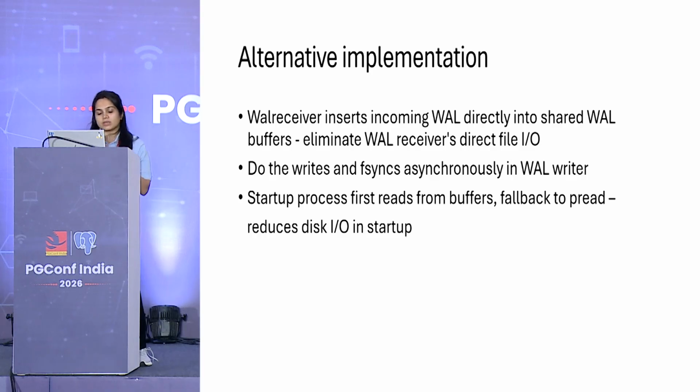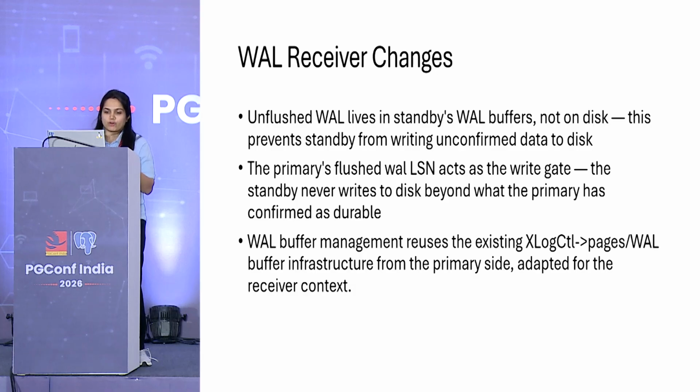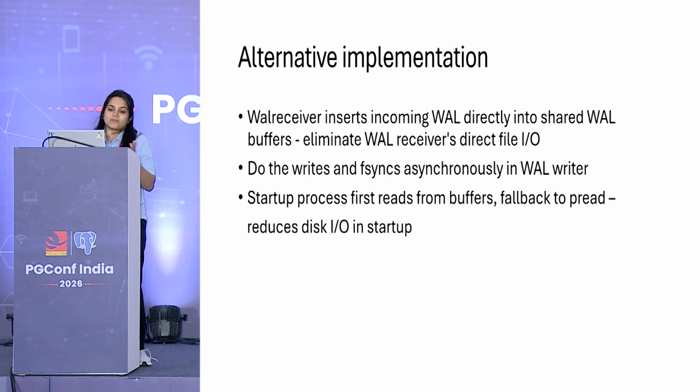The other solution is similar; we had WAL buffers here, but we were doing the writing to the WAL buffers in the receiver only. What we can also do is offload the writing of the buffers to a separate process, since we are adding this additional step in the WAL receiver, because earlier there weren't any WAL buffers.